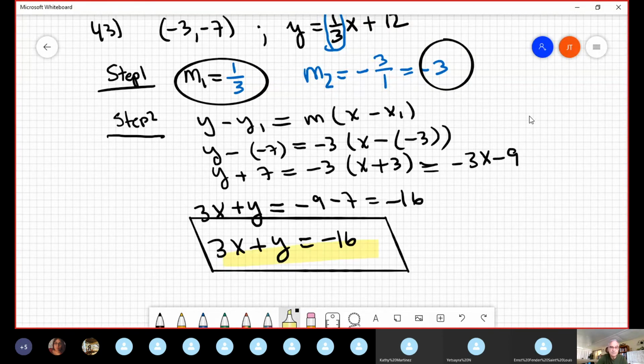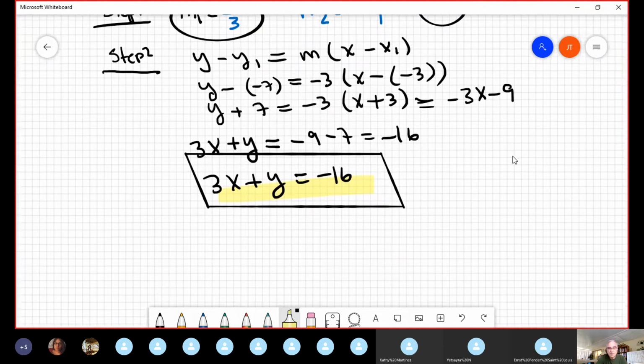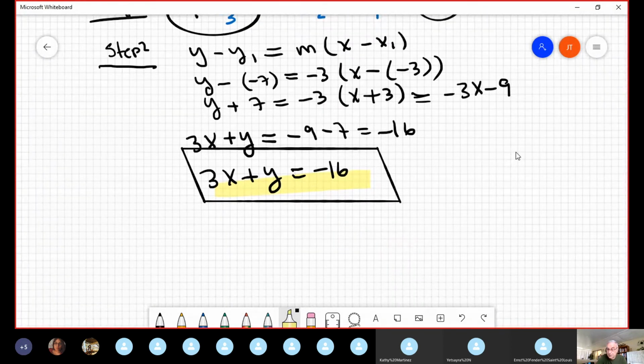Any question? Perpendicular brings me new complication. Okay, we have two different slopes, but it's easy. You flip the number, find the reciprocal and change the sign, opposite sign. Okay?